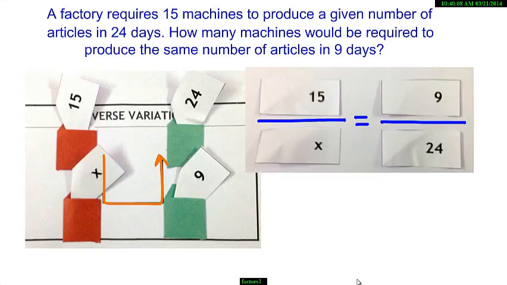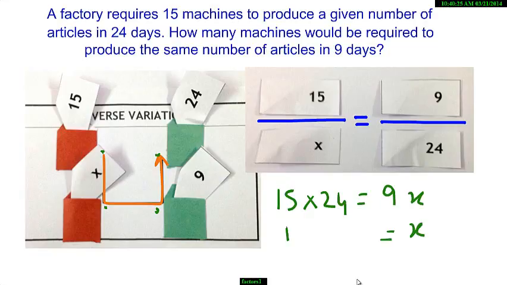So, following the pattern, we have 15 by x is equal to 9 by 24. Or we can say 15 into 24 is equal to 9 into x. Or x is equal to 15 into 24 by 9.